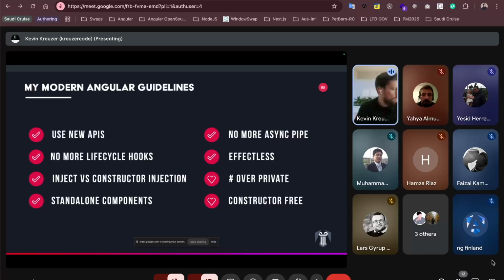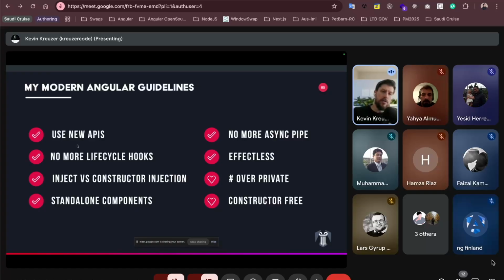So if we combine this all together, my new, updated Angular coding guidelines are: use new APIs, of course, and by new APIs I especially mean signal-based APIs. No more lifecycle hooks, so avoid lifecycle hooks and use new modern tools.